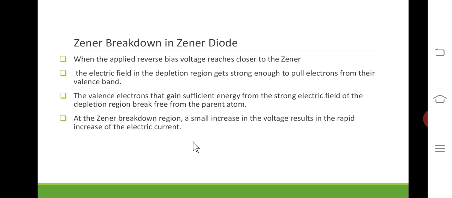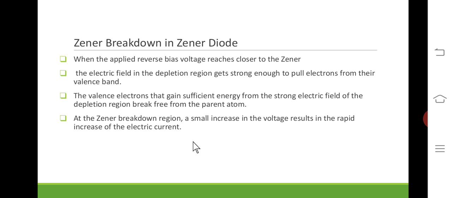Here, what happens? The breakdown occurs in a junction that is heavily doped and has a narrow depletion layer. This breakdown voltage sets up a very strong electric field, about 10 to the power of 8 volts per meter, across this narrow layer.